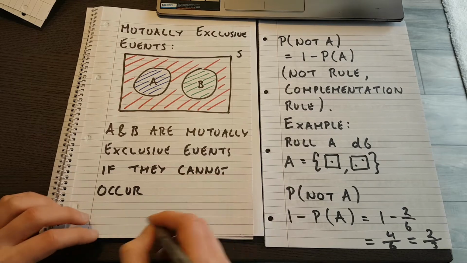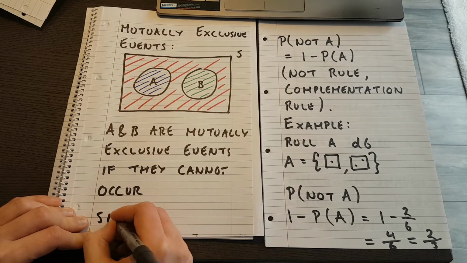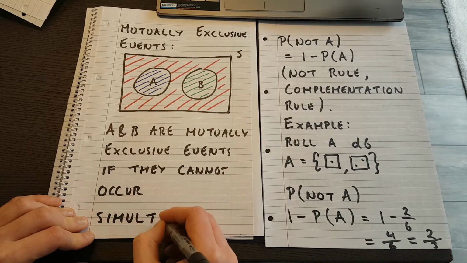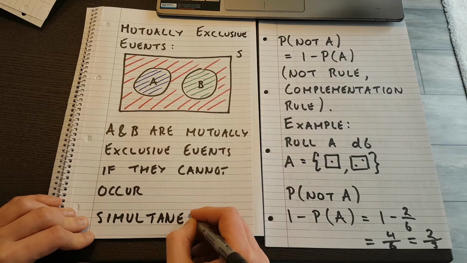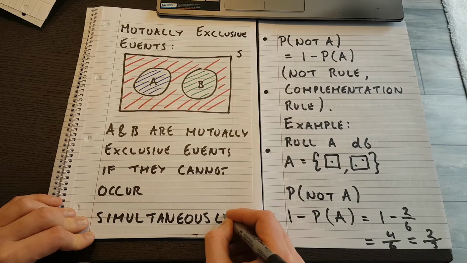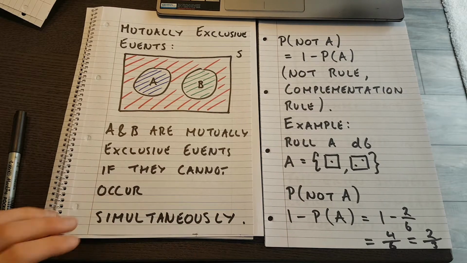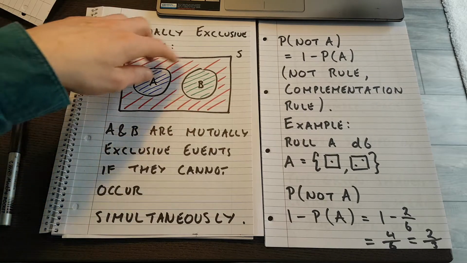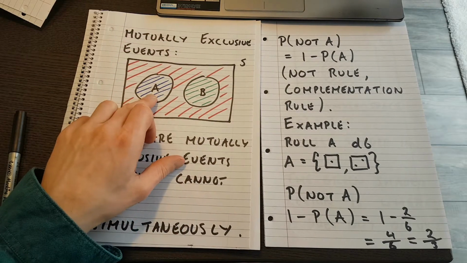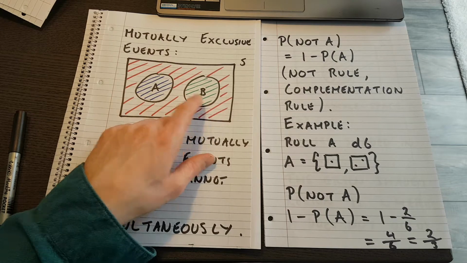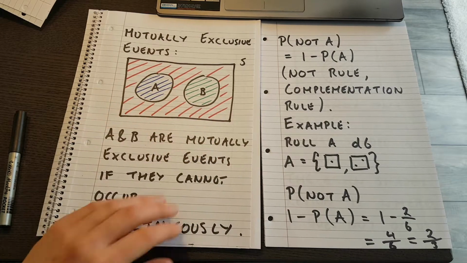If they cannot occur simultaneously, which is a very long word to try to write on an A4 page this big. So these cannot occur simultaneously. If I am in A, then I am definitely not in B. If I am in B, then I am definitely not in A.